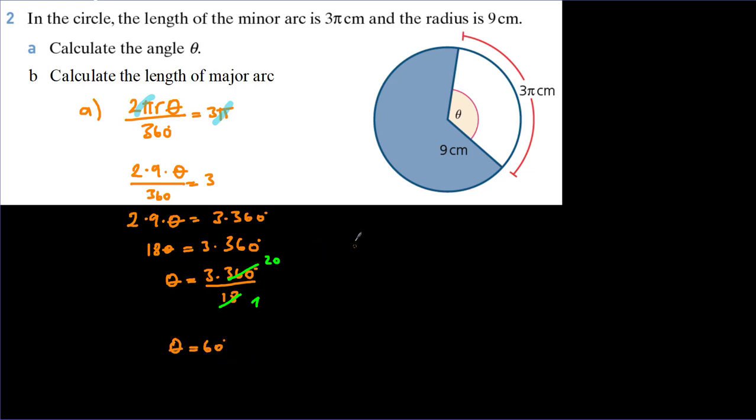And in B, we can use both formulas also. Firstly, if this is 60 degrees, I'm finding that this is equal to 360 minus 60, which is equal to 300. So 360 minus 60 is going to be equal to 300 degrees.